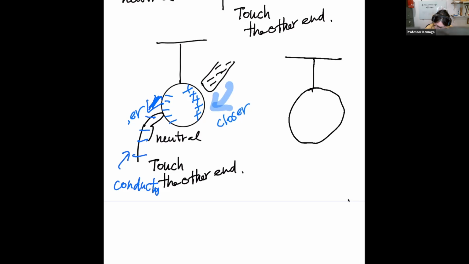So at the end, this ball will be what? What is it, positively charged, negatively charged, or neutral? Positively charged. It loses the negative and then becomes positively charged.